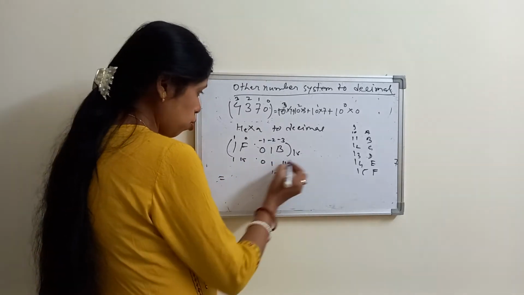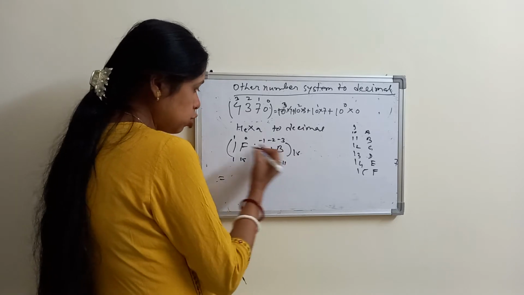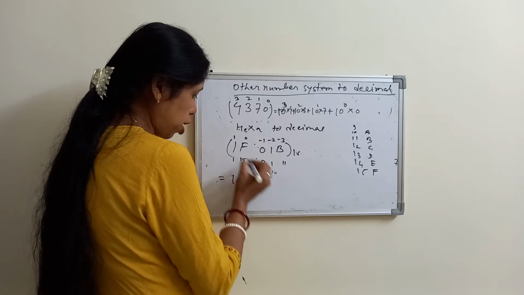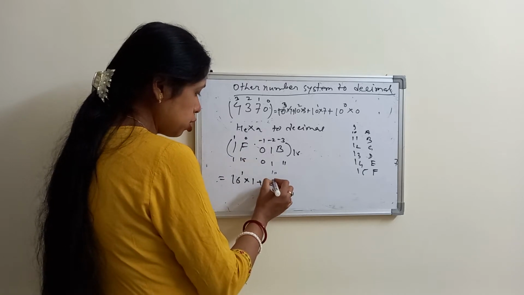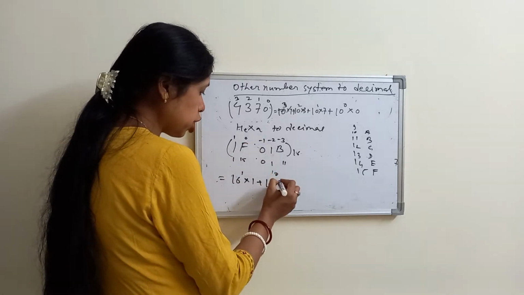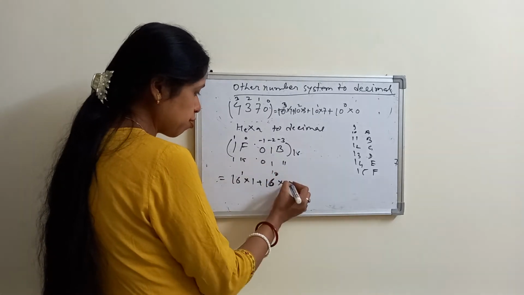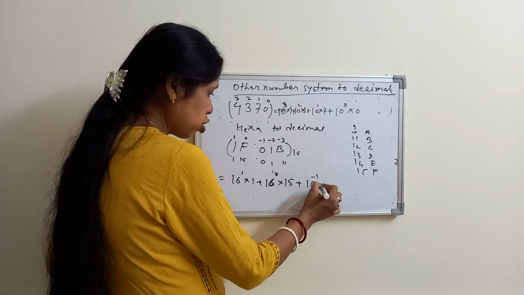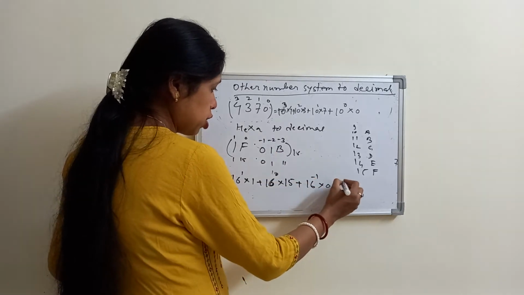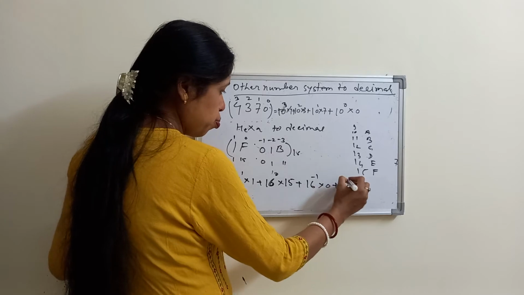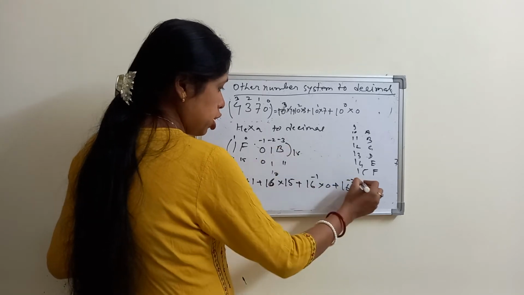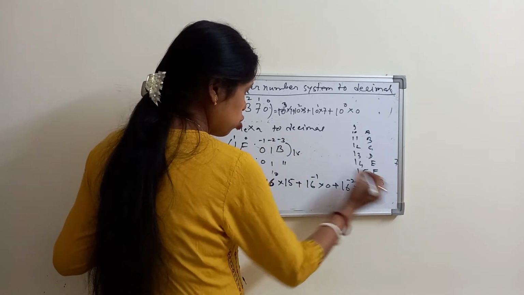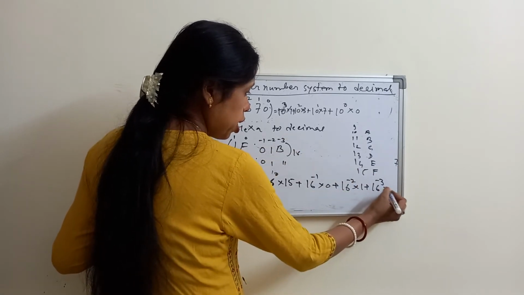Okay. So now the conversion. Base to the power position into coefficient 1, plus base to the power position into coefficient F, F means 15, plus base to the power position into coefficient, plus base to the power position into coefficient B. B means 11.